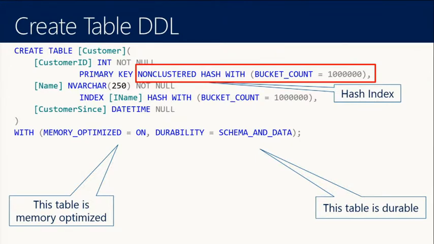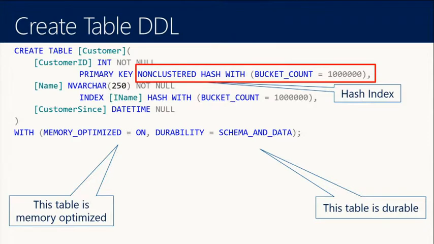We will, in CTP2, also introduce non-clustered indexes on memory optimized tables. These will support range scans and order scans as well, but will not be as efficient for point lookups. So then it will really depend on what you want to do in your application, which type of index you want to specify. If you do only point lookups on the column or this set of columns, you want to specify a hash index.